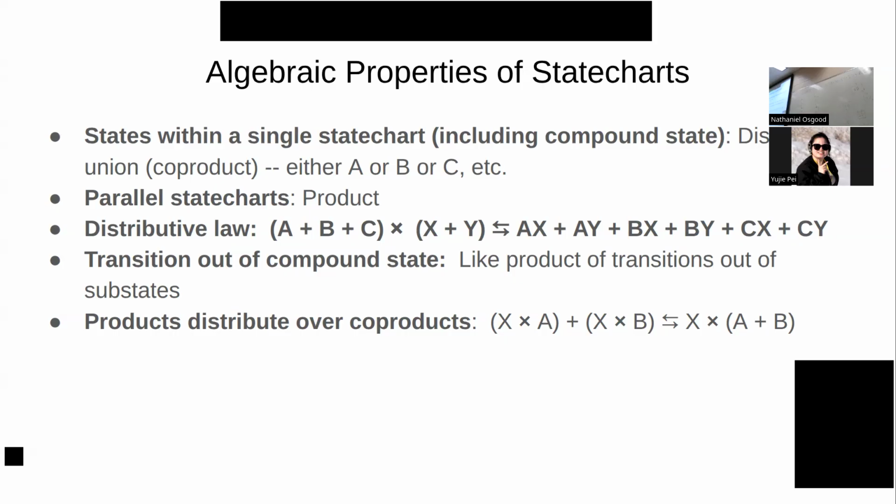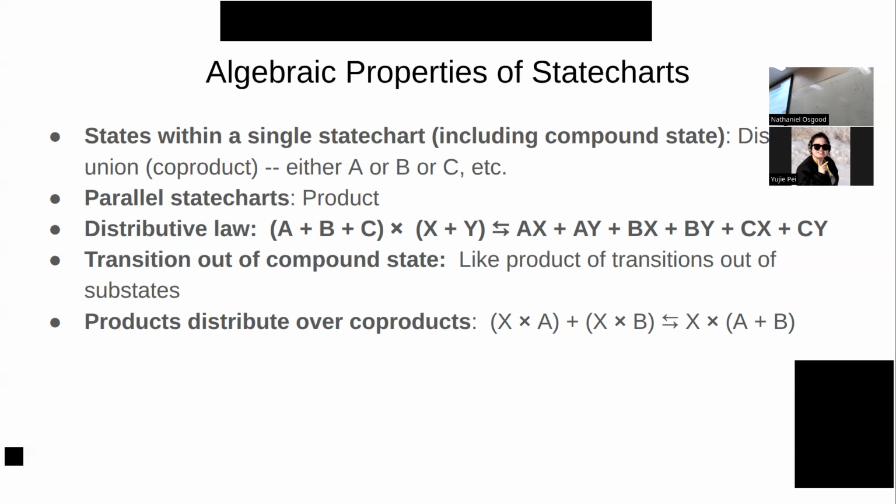Transitions out of a compound state are themselves crisp, expressive ways of characterizing transitions out of each substate without having to write it all out, but mathematically it's equivalent to having a transition out from each of the substates.